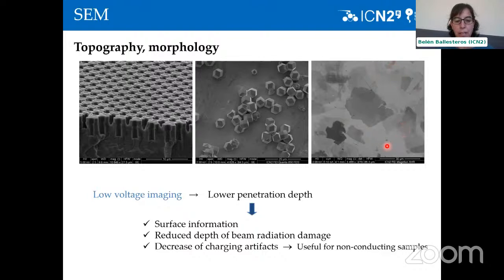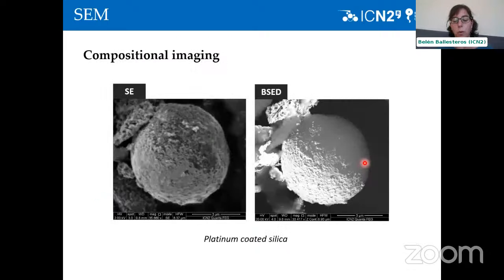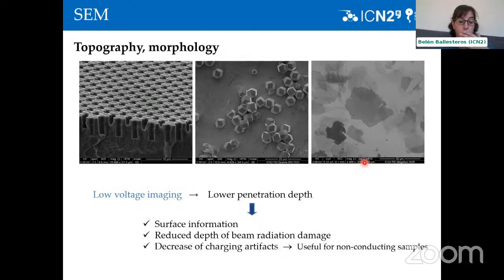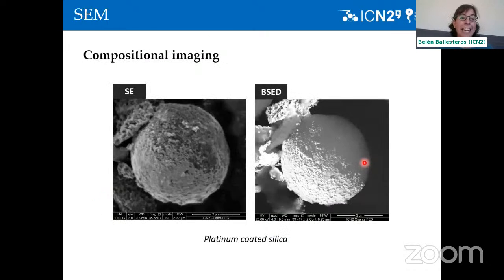The other advantage of low voltage imaging is that you decrease the charging artifacts. So if you have an insulating sample and you lower the voltage a lot, sometimes you don't really need to coat it.